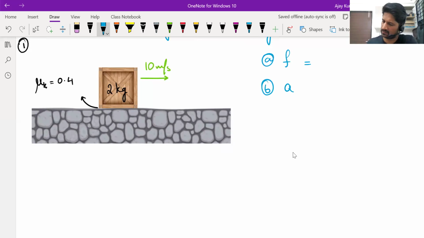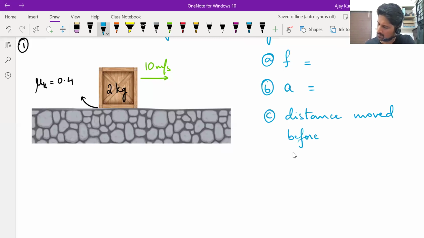Acceleration. With acceleration, you can find out how far it will move before stopping. So distance moved before stopping. Okay, try these all of you.